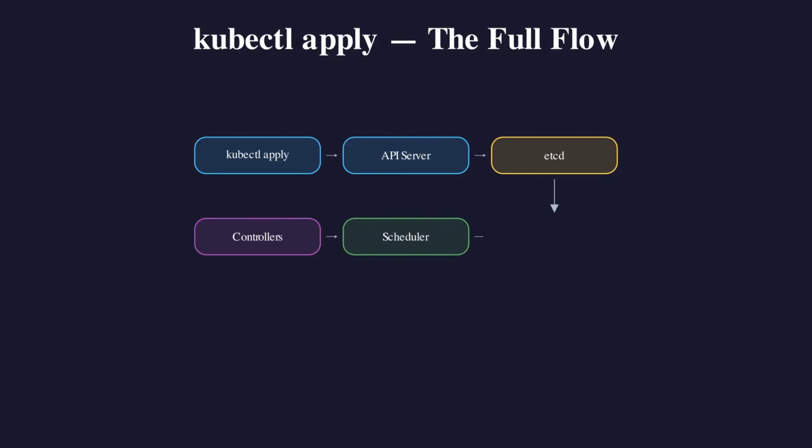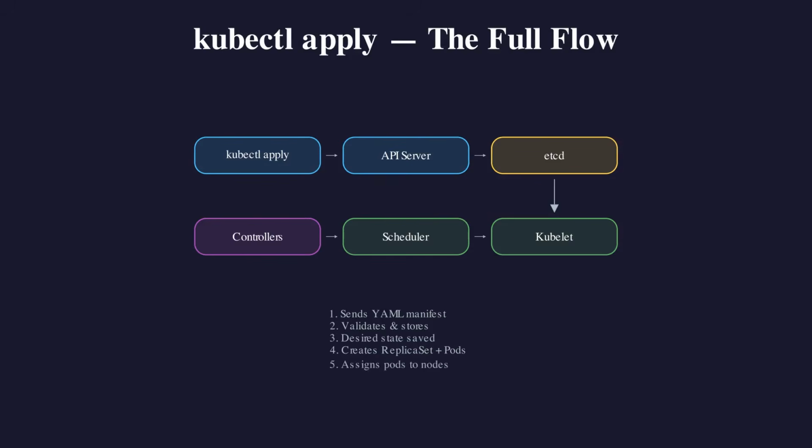The deployment controller notices a new deployment and creates a replica set. The replica set controller sees that 0 pods exist but 3 are desired, so it creates 3 pod objects. The scheduler sees 3 unscheduled pods and assigns each to a worker node based on available resources, affinity rules, and constraints. The kubelet on each assigned node pulls the container image, creates the container, and starts it.